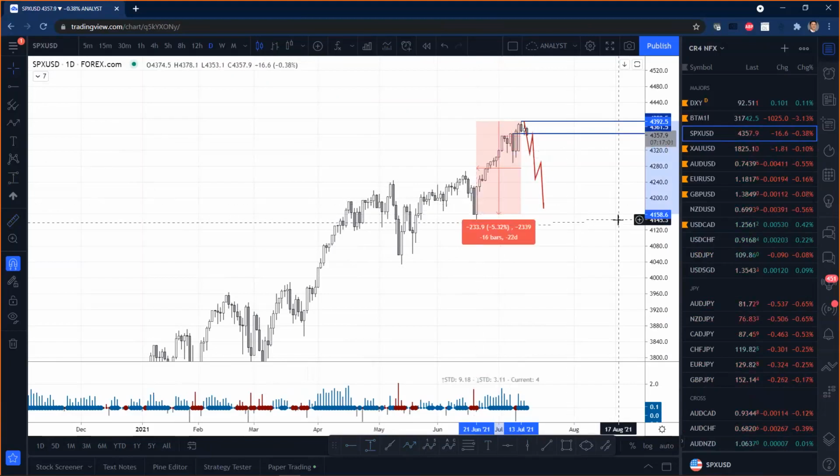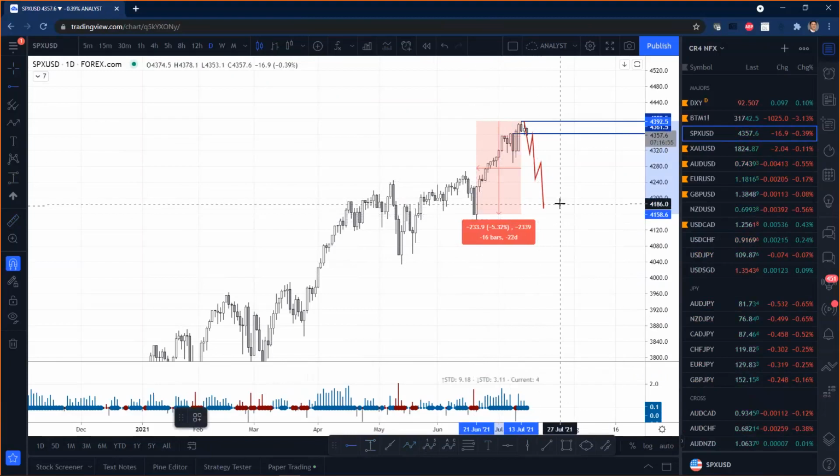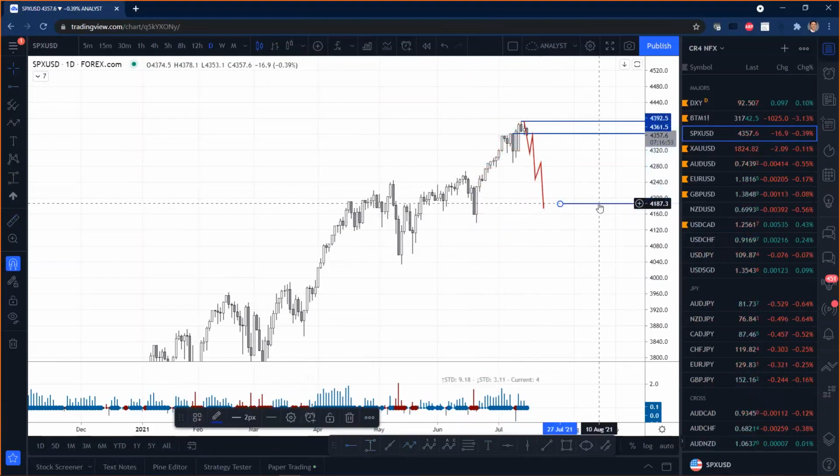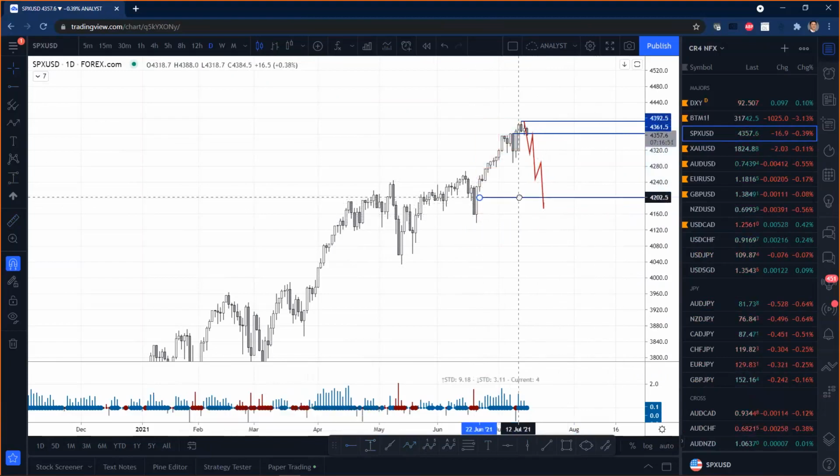So if you get down to this area here, let's say 42, yeah, 4,200, that's going to be within say a 5% move.